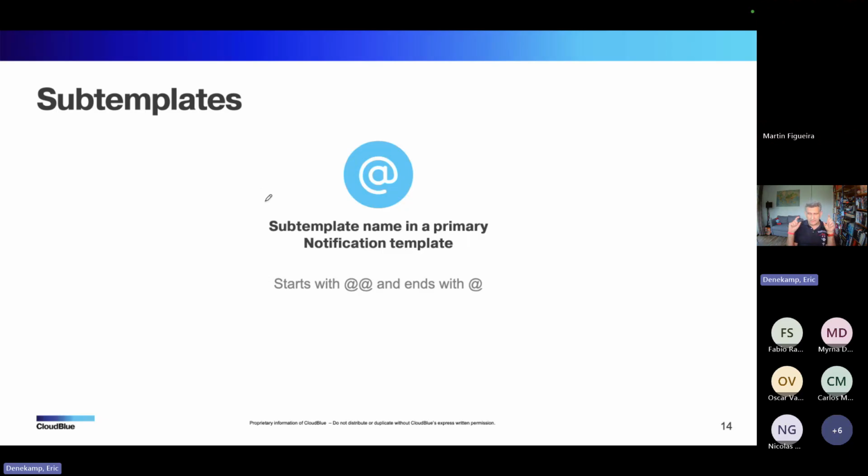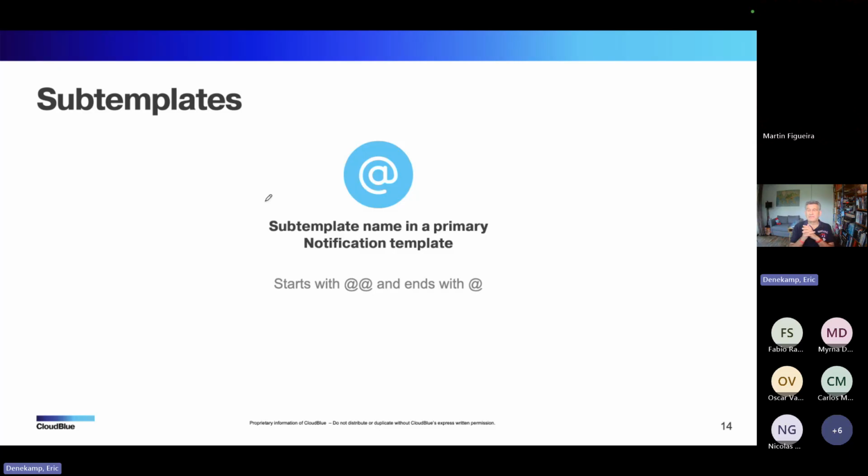If the top of your email should always look the same, it's useless to create it over and over and over again for each single notification, where each time you can make typos, you can make errors, et cetera. What you can do is create a subtemplate, as we call it, and call that subtemplate in the other notification templates.